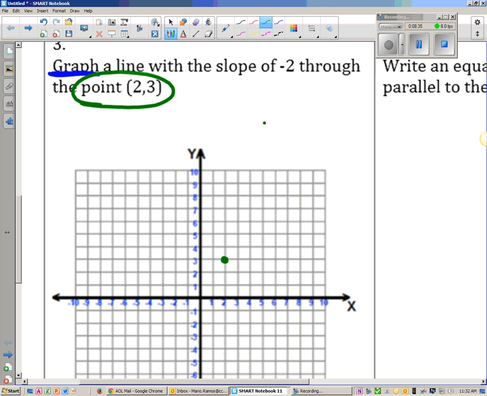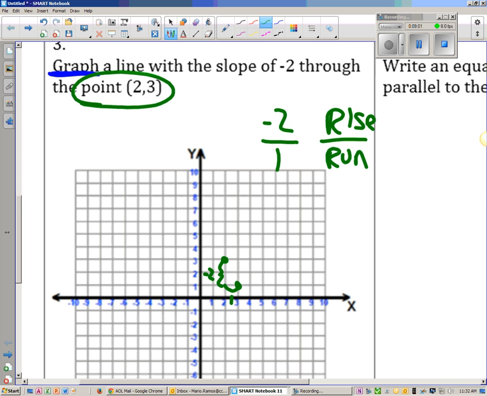We have the whole number 2, and anytime you're given a whole number when looking at slope, I've asked you to put it as a fraction, so you can utilize the rise over run method. From this point, since it's negative, you will be going down 2, and then you'll be running 1, and then you'll put your point.